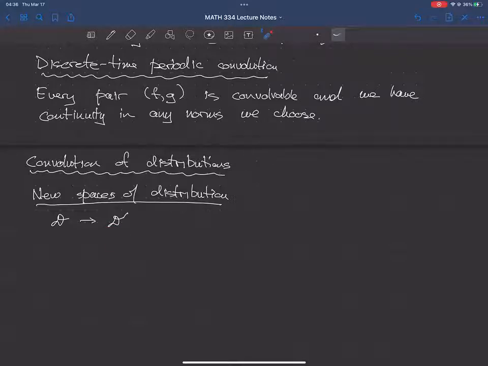You get a different kind of object, a different kind of distribution. But for our purposes, we're talking about convolution, and for the purposes of talking about convolution, I'm going to introduce two new classes of test signals and their corresponding duals.